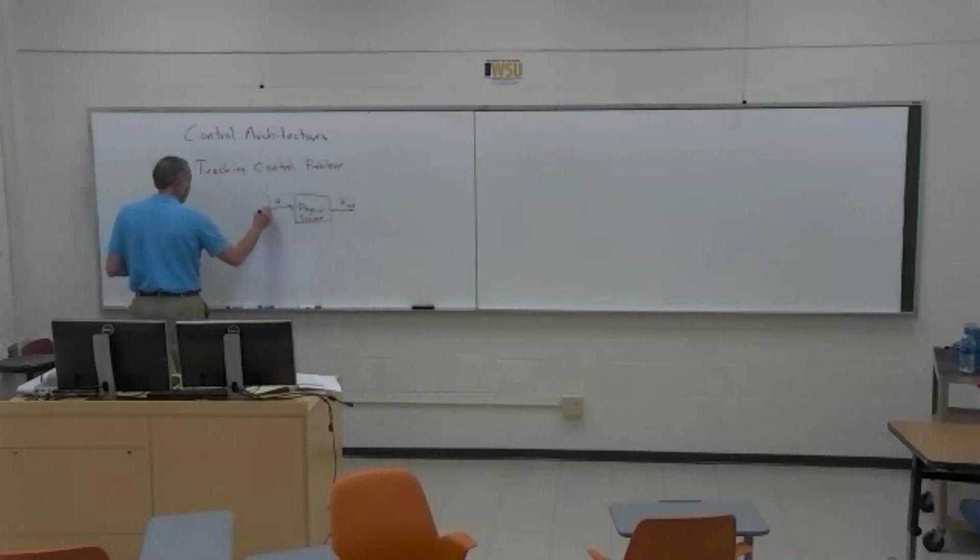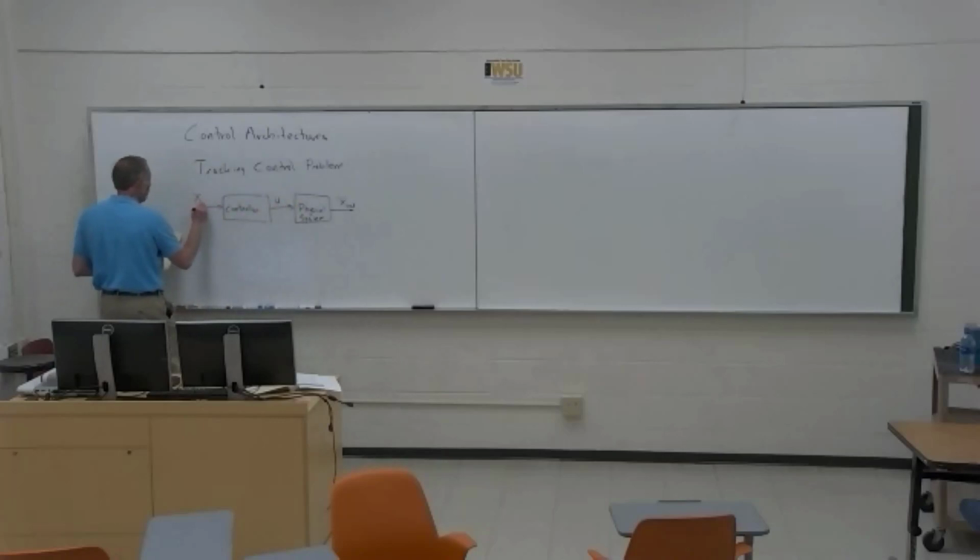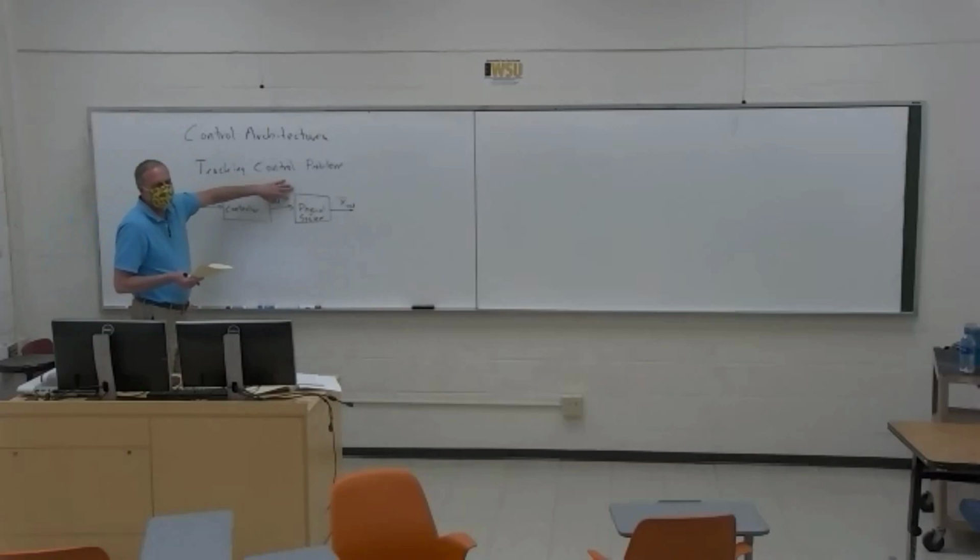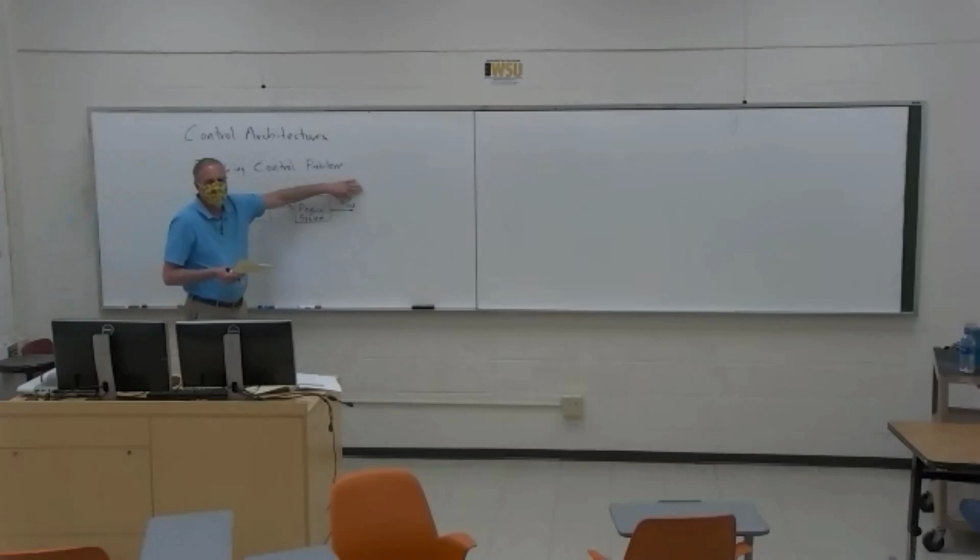And we want to put a controller in here that figures out what inputs need to go into this to make the output match some reference or tracked input. Something simple is we want the output to be a 5, let's say, and so this figures out that it has to input a U of 12.3 in order to get a 5 out.